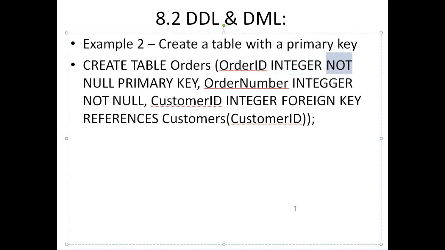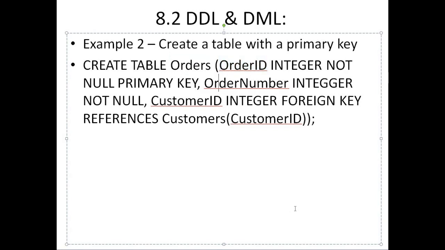The first one is going to be, after the data type we are going to write not null. Not null basically means it cannot be left blank. And then we are going to write the keyword primary key to tell the database, or rather the DBMS software, that inside this table orders, make this field as the primary key, which is order ID.